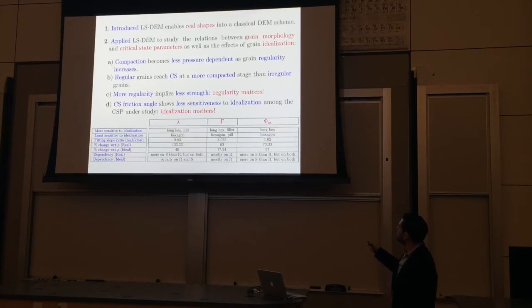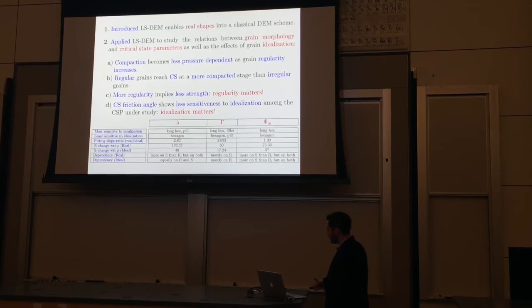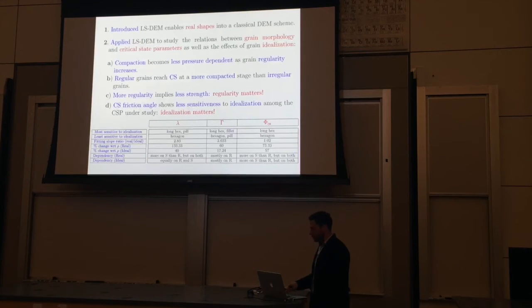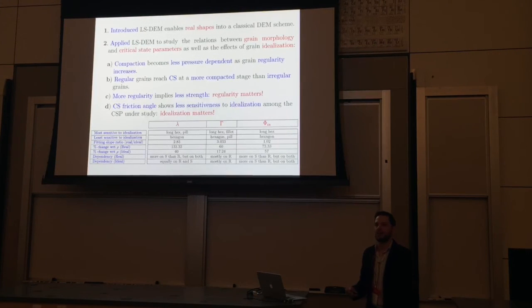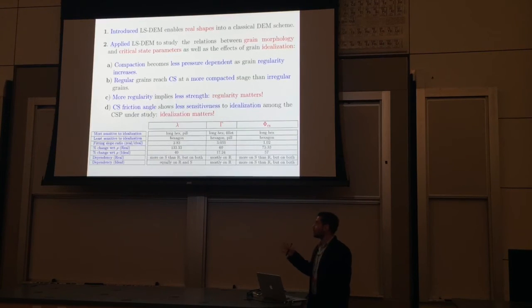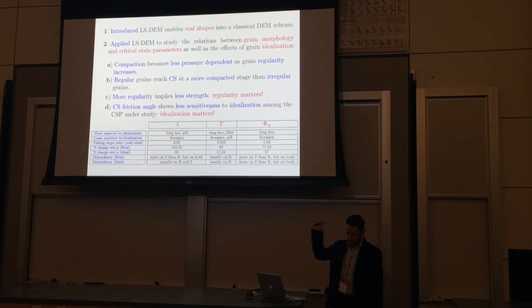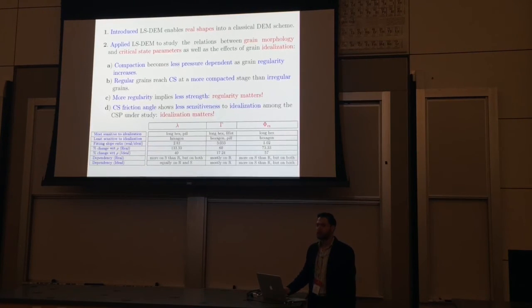And we see dependency of the critical state friction angle on both the sphericity and roundness, and not independence. But I have to say that their studies were in a real setting with three-dimensional grains, and this is a two-dimensional study. So once we take this to three dimensions, these results might change.